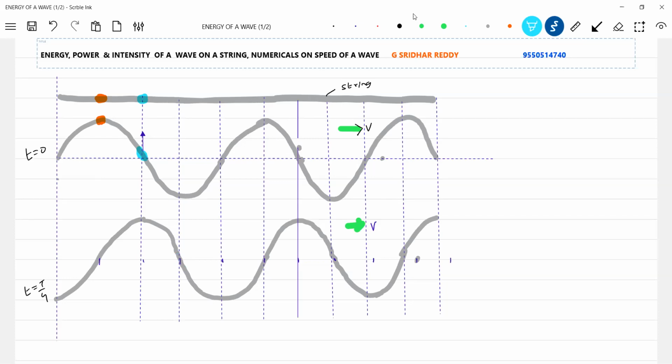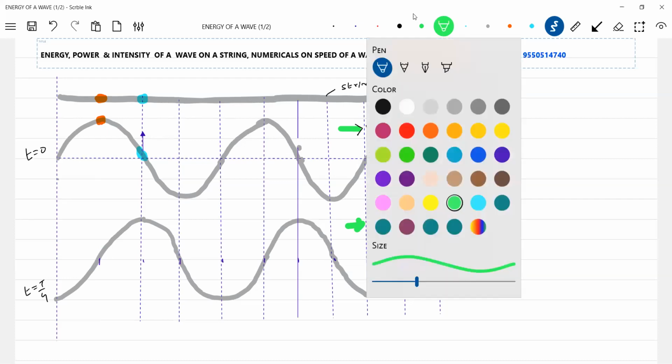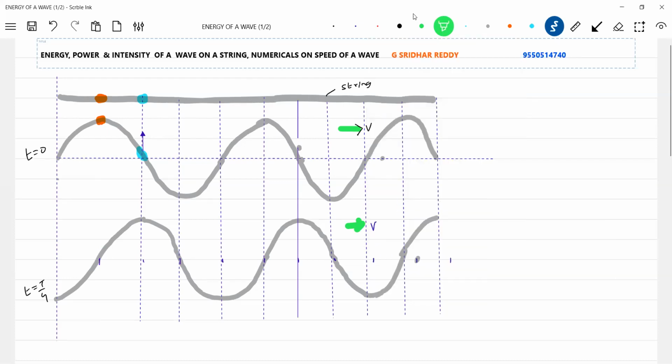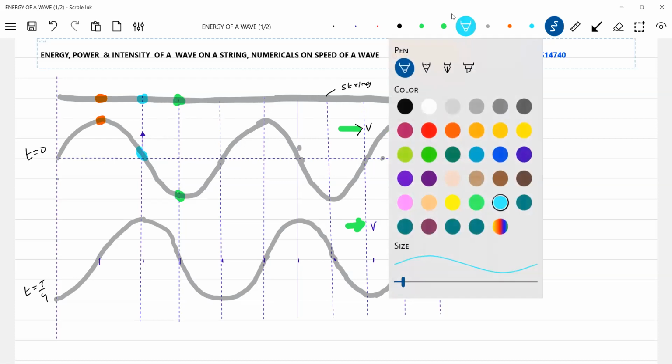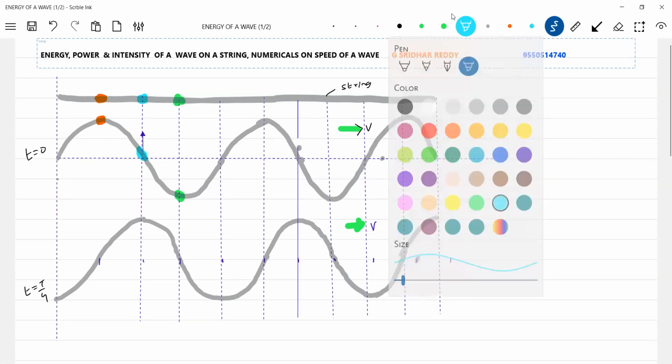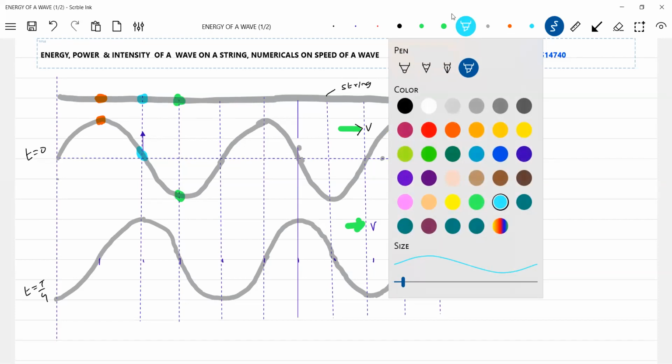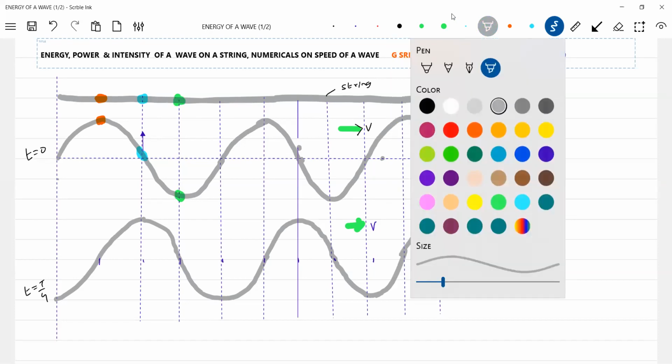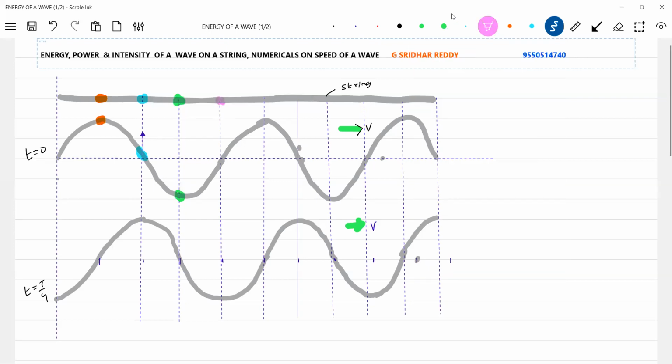No, the three elements I will pick up. I'm trying to explain. Three, I will take one more. Okay, fine. So these are the four elements we have picked up.